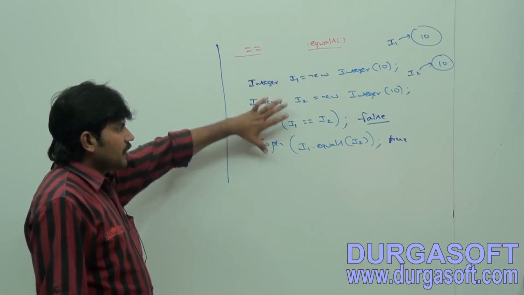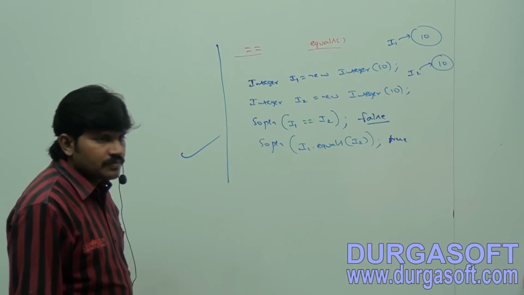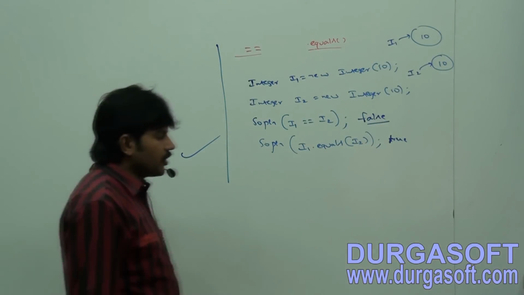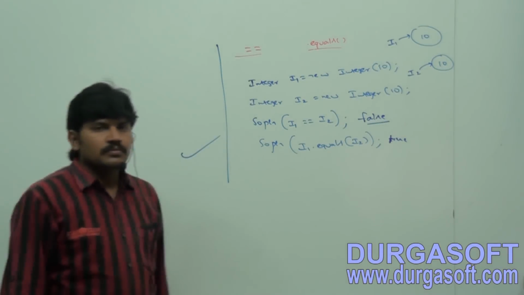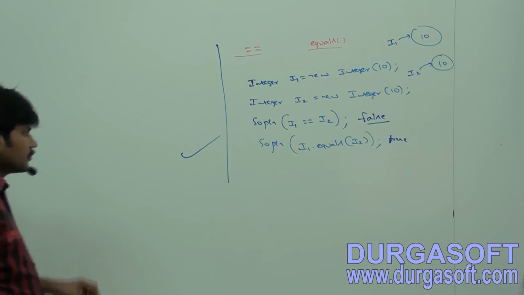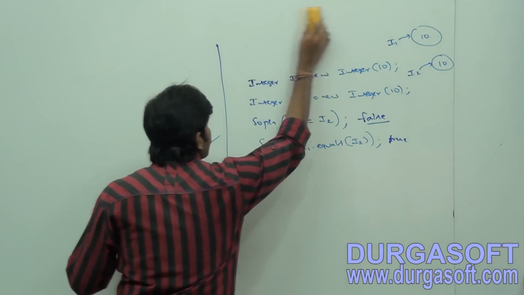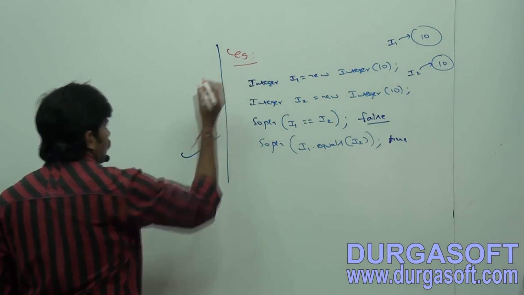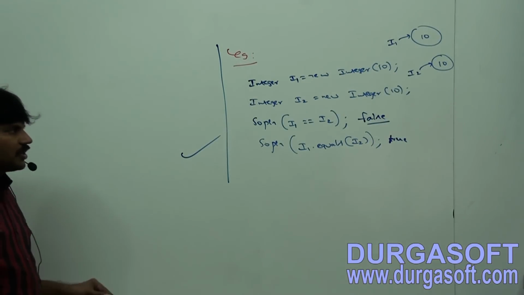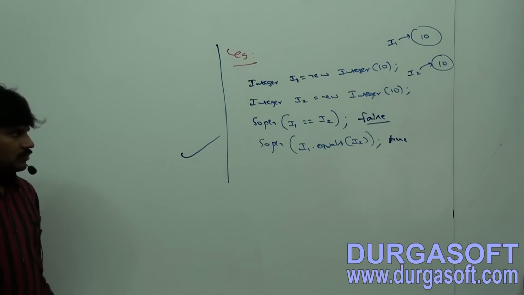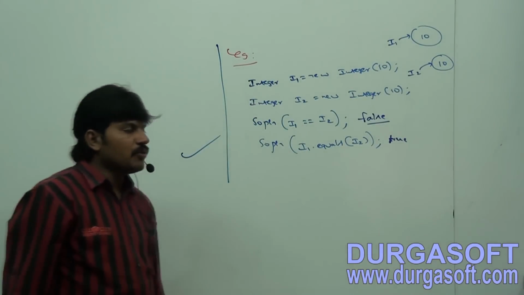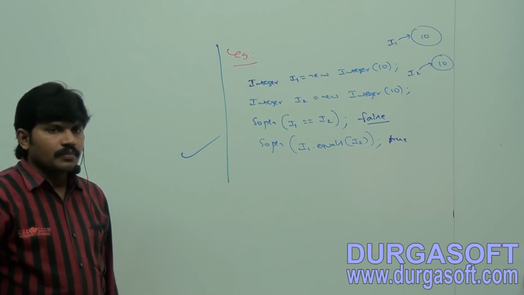Okay, take this example. I will use the same example in identity hash map also, so this knowledge you should compulsorily have. Integer I1 is equal to new Integer of 10, Integer I2 is equal to new Integer of 10.